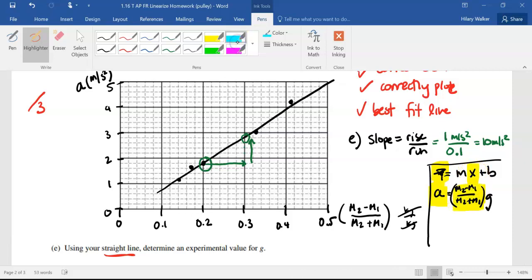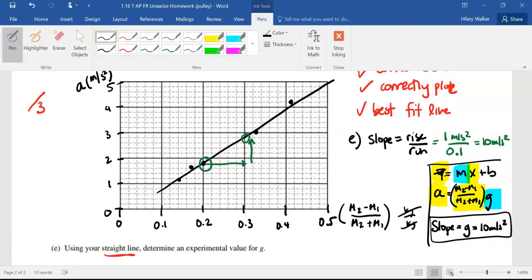So whatever we're left over with is just the slope. In this case, the slope is g, which we found to be 10 meters per second squared. And you know what? Is that what it should be? Yeah. The acceleration due to gravity on the surface of Earth should be around 10 meters per second squared. So that makes sense.